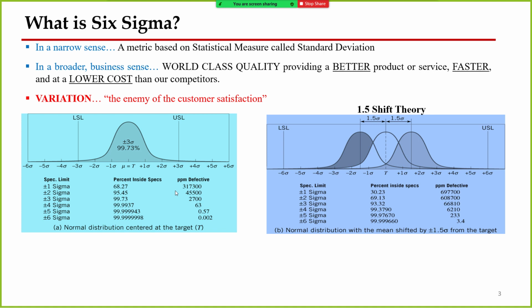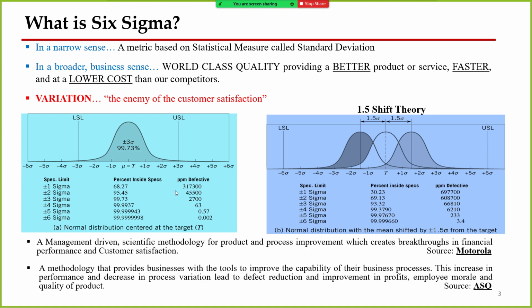Okay, now we are going to define Six Sigma with respect to the Motorola company's perspective, as well as the American Society of Quality perspective. If you read the definition from both Motorola and ASQ, what we are getting is that Six Sigma is basically a data-driven methodology.